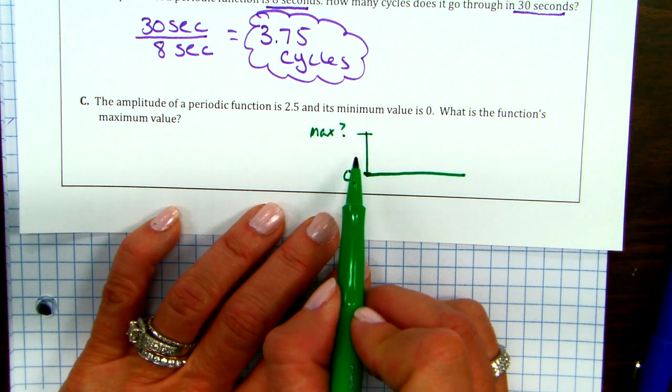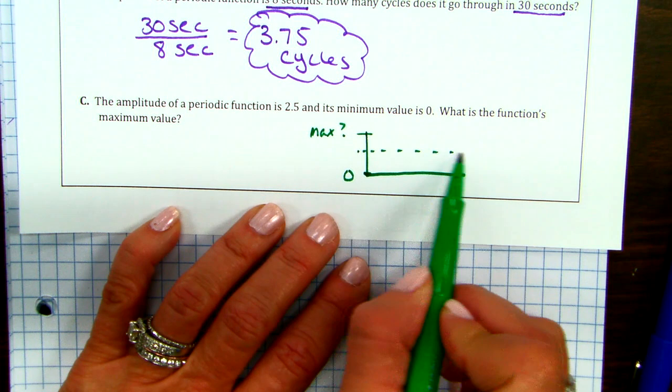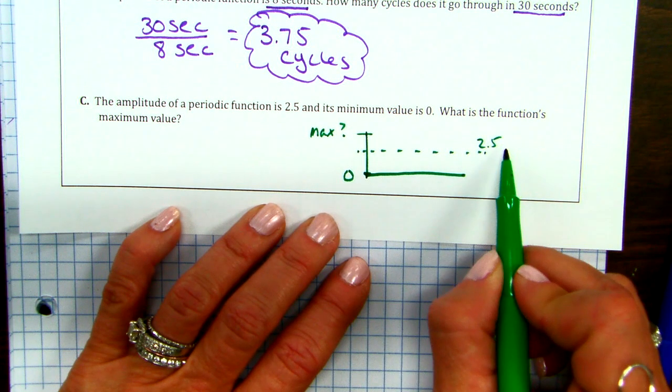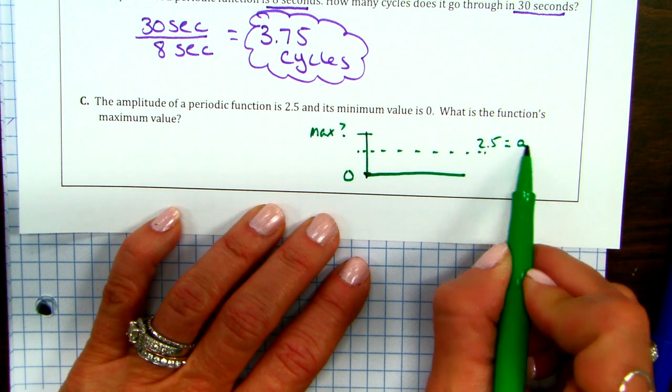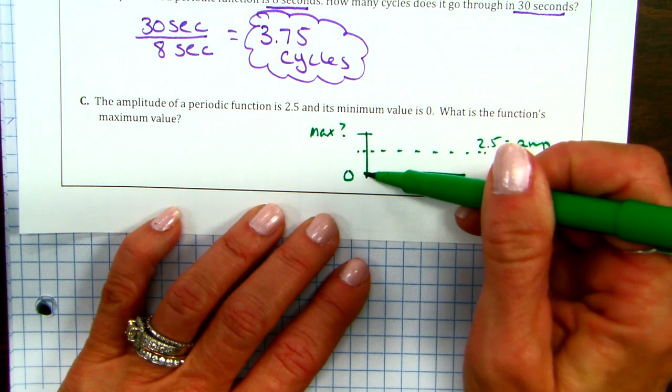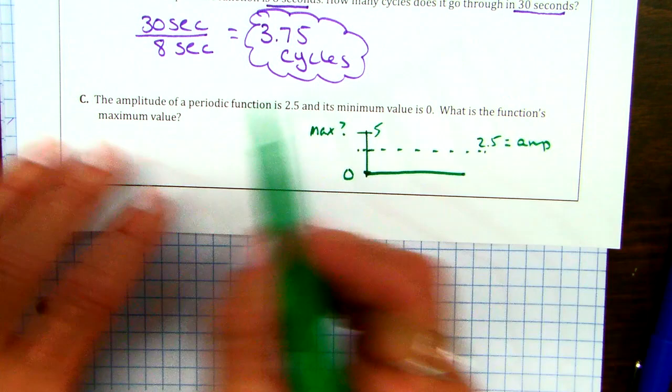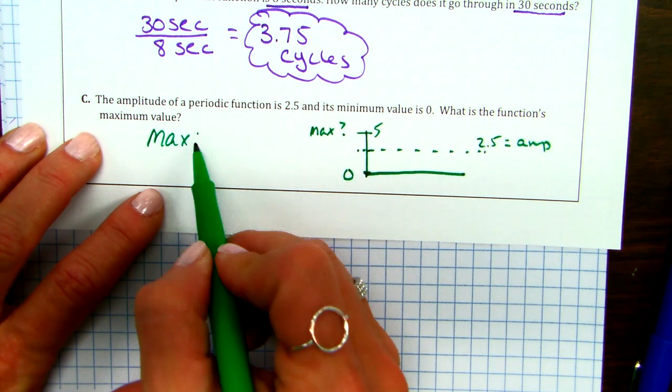And so the 2.5 in this case, because we started at 0, is our midline. So from 0 to 2.5, and then 2.5 to 5. So the max is 5.